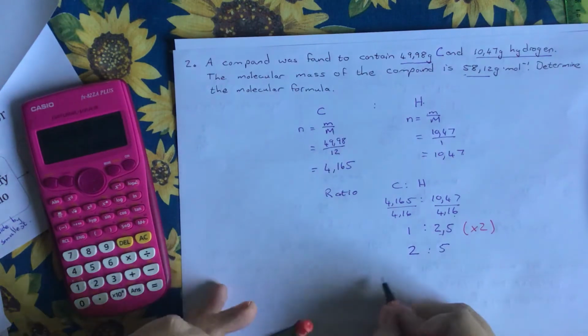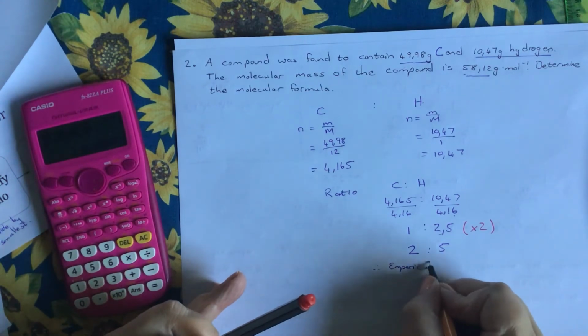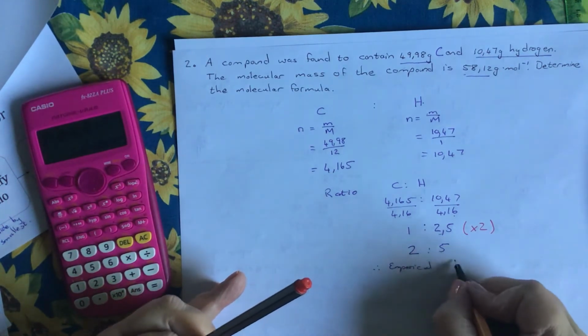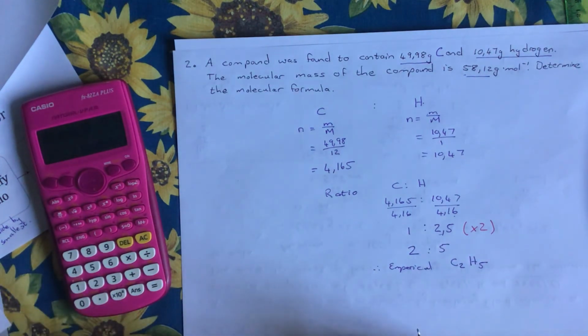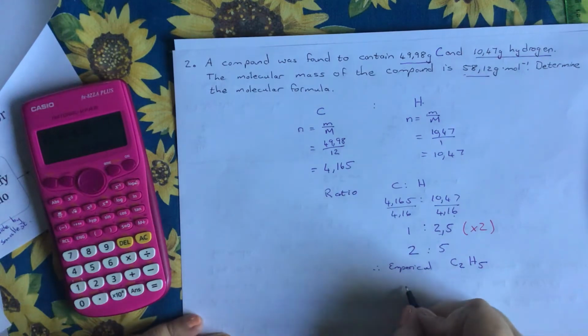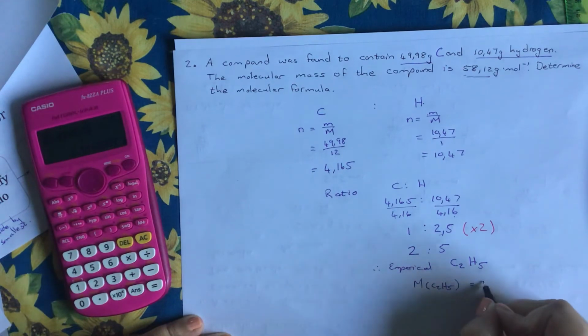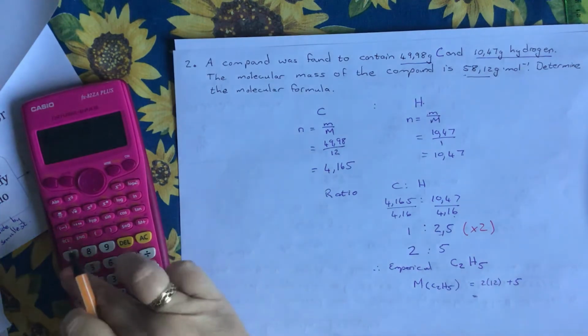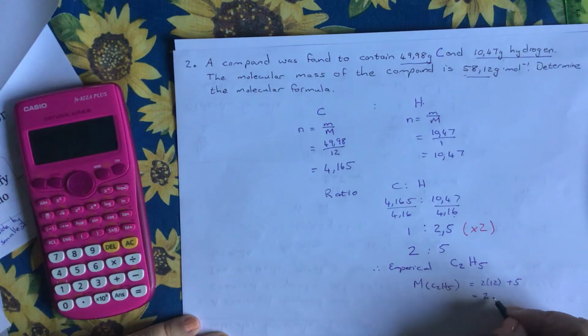So my empirical formula is going to be C2H5. Now we calculate the molar mass of C2H5: 2 times 12 plus 5, which is 24 plus 5, which is 29 grams per mole.